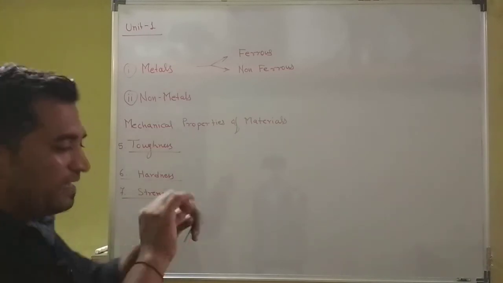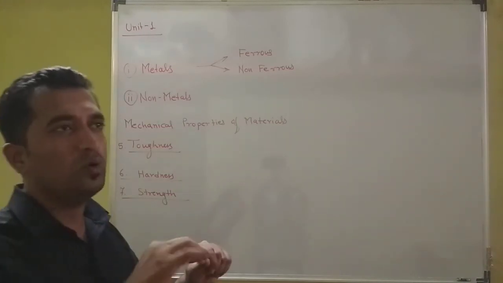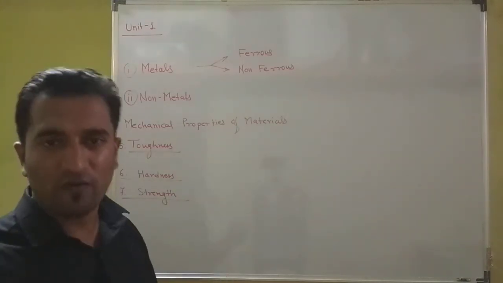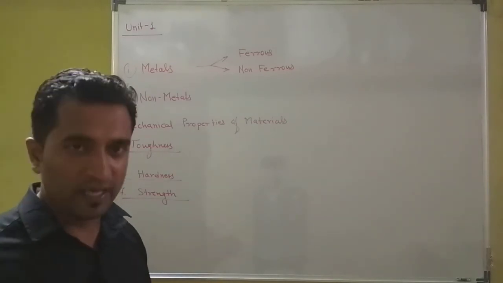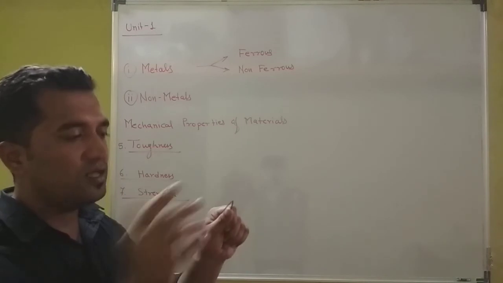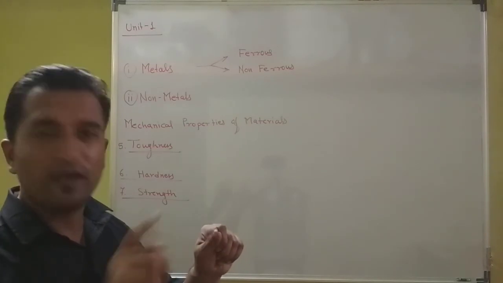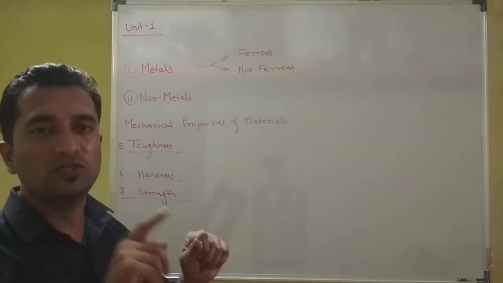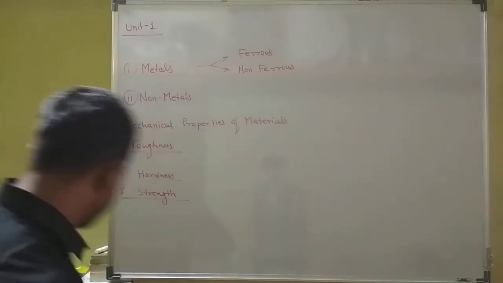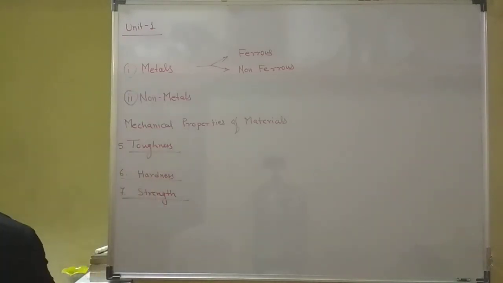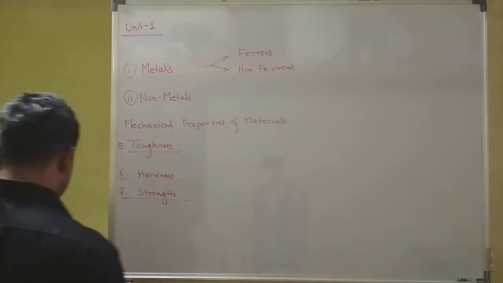Before it gets yield, it has to absorb a maximum amount of force, that is called as strength of that material. If it is getting bent, then what is the use of that? It doesn't have sufficient strength. Okay, after this we will come to the next property, that is stiffness.